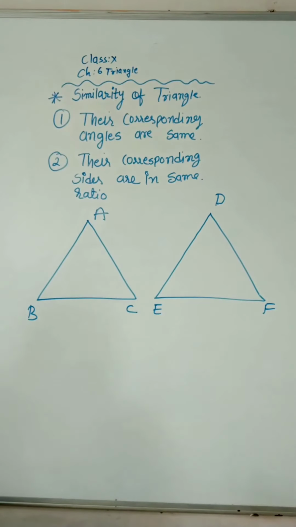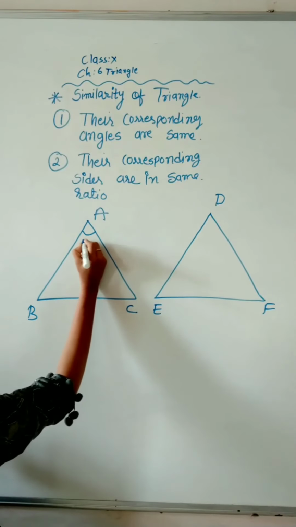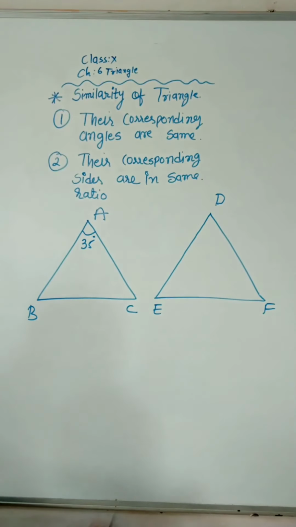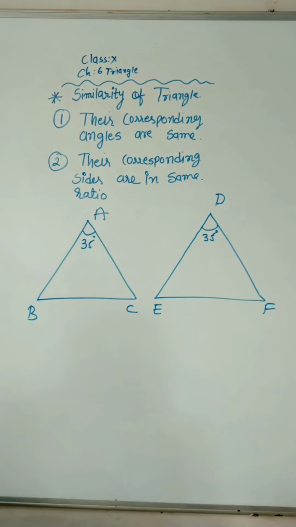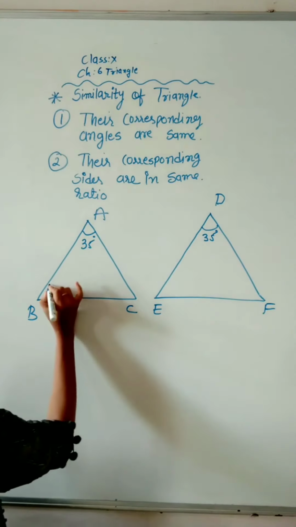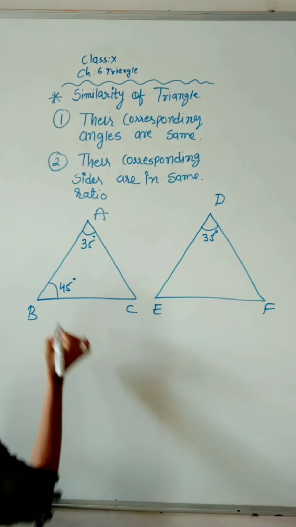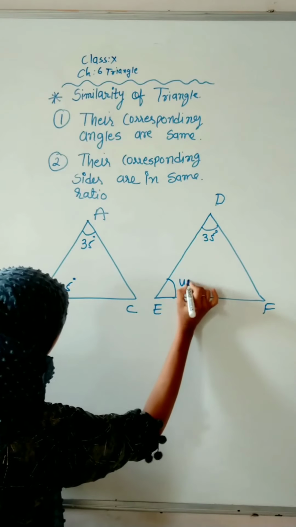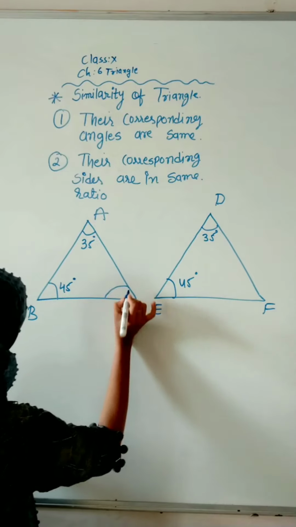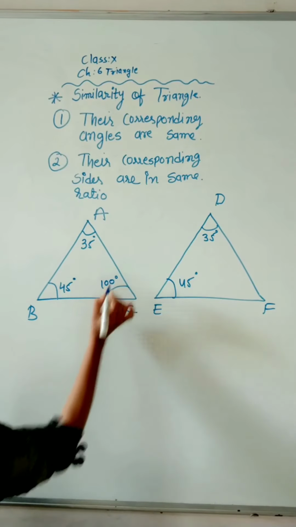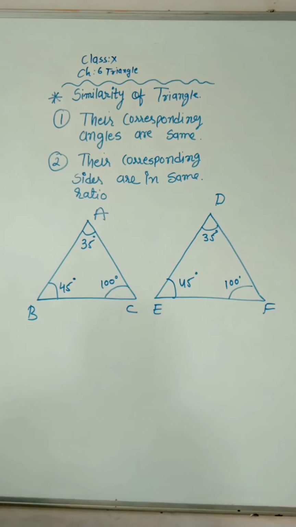In that class, if our angle A is 35 degrees, one of the angles of the other triangle is also 35. If this angle is 45 degrees, one of the angles of this triangle is also 45 degrees. And this last angle is 100 degrees.